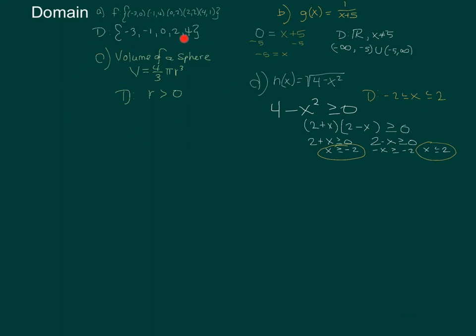When I've got a real-life situation or a formula, I think to myself, what numbers make sense to plug in? Here I've got a measurement, a radius, and I have no volume at 0, so it really only makes sense to calculate volume when the radius is bigger than 0.